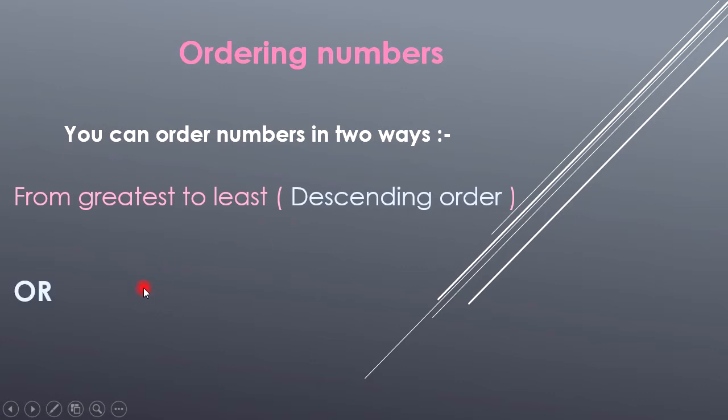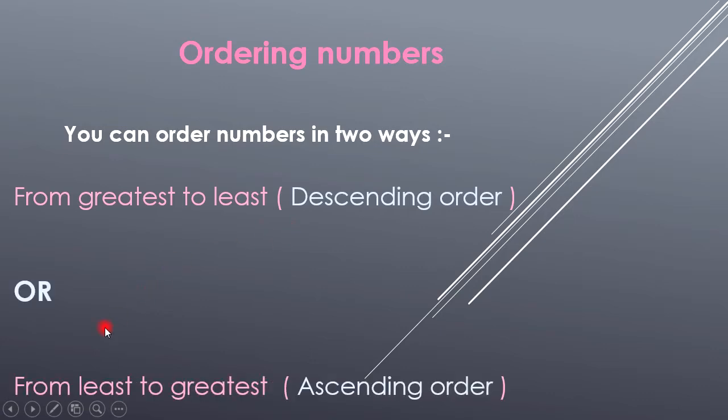And the second way, we can order numbers from least to greatest, or we can say ascending order. Ascending order means that we should order numbers from the least number to the greatest number.